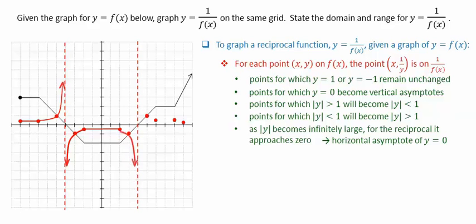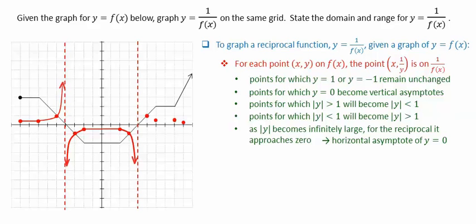and then a curved section going through the invariant point at 3, -1, and approaching the vertical asymptote of x equals 4 in the negative direction, since we do not change the sign of the y values when we take a reciprocal.